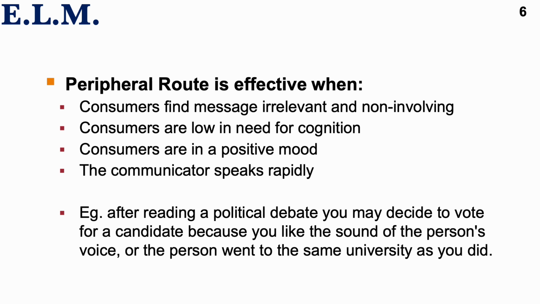You're just watching a political debate, and then you decide the candidate that you want to vote on based on kind of their voice or whether they went to the same university as you, maybe their height. I can't remember the political candidate off the top of my head, but people were just obsessed with the fact that I think it might have been Mitt Romney. He blinks a lot, right? I can't remember.